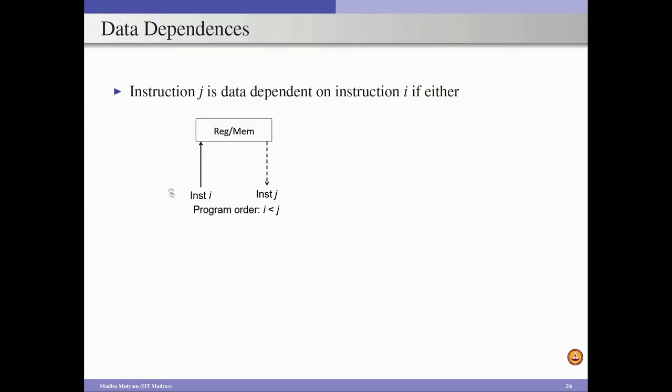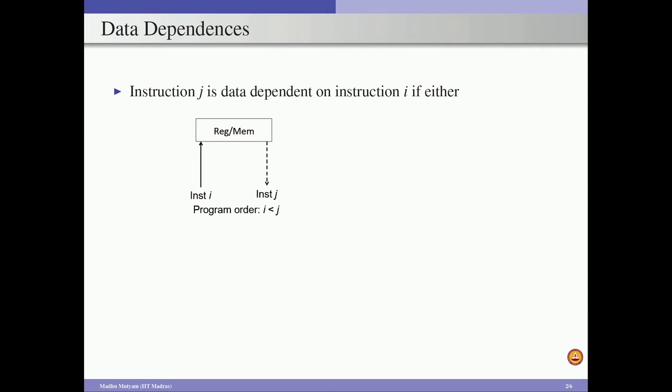In this diagram we can clearly see instruction I is writing a value to a register or a memory, and instruction j is reading the value from the register or the memory. If that is the scenario, then instruction j is said to be data dependent on instruction I.